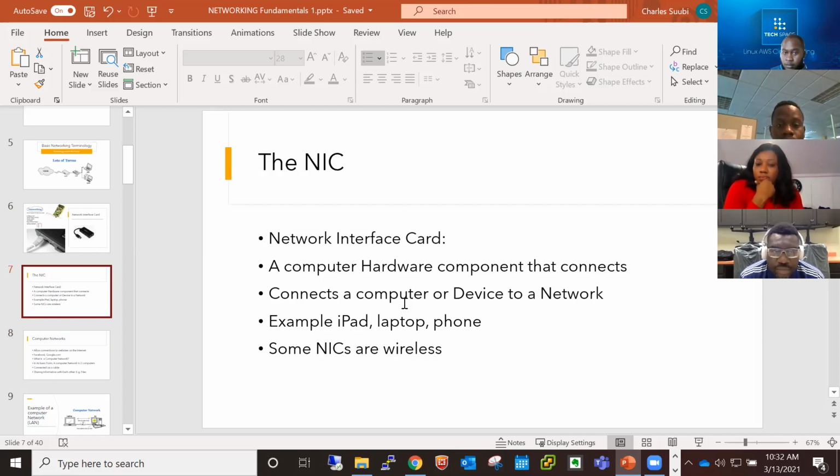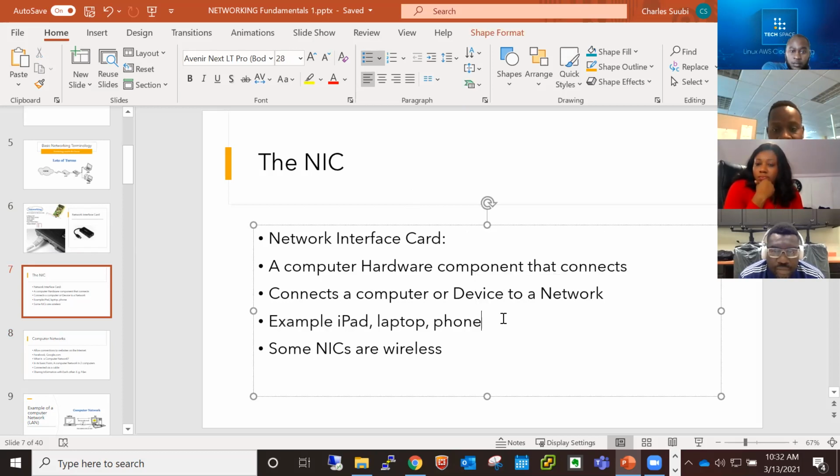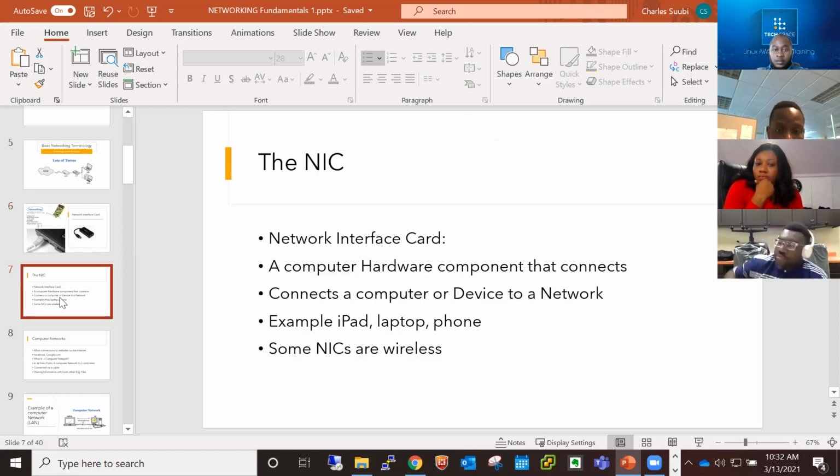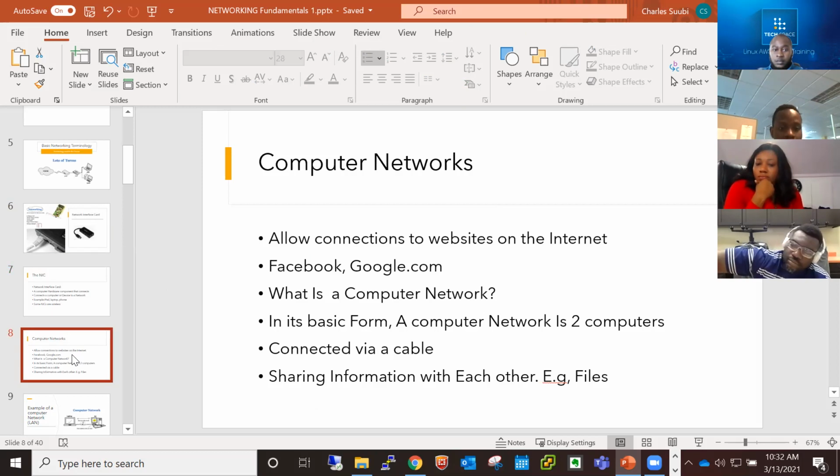I just wanted to understand why we had examples of iPad. So iPad and laptop are examples of devices that have NICs in them, yes. Okay, gotcha. And these network interface cards can either be physical, like here we do have this physical one, or they can be wireless. Okay. All right. Thank you, Charles. You're welcome.